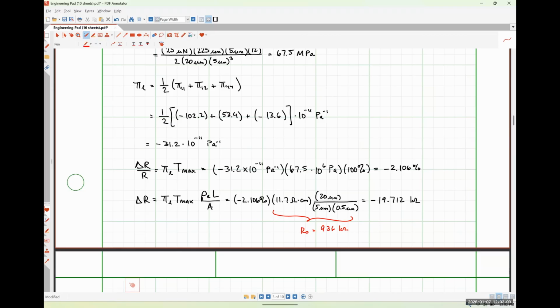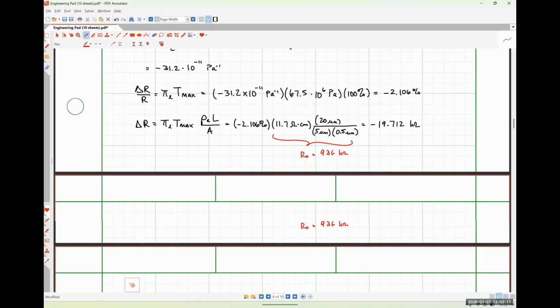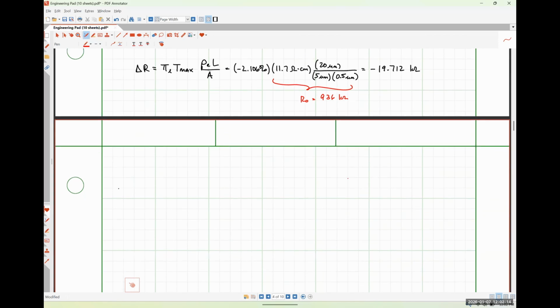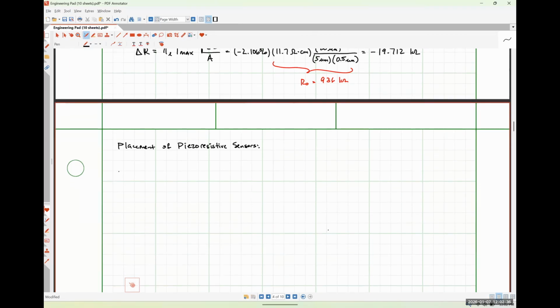One of them we've kind of already talked about, but I'll draw a picture to help explain things a little bit more. So, placement of piezoresistive sensors. Once again, dealing with a cantilever beam situation. I'm going to draw a side view here, right?